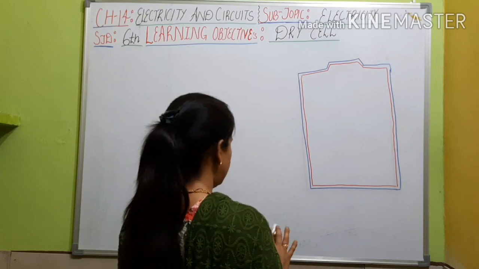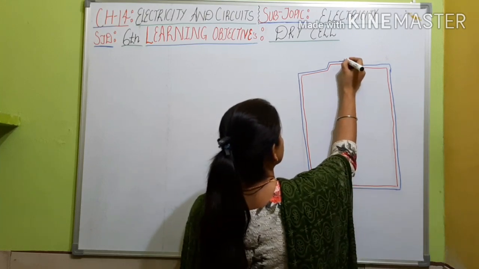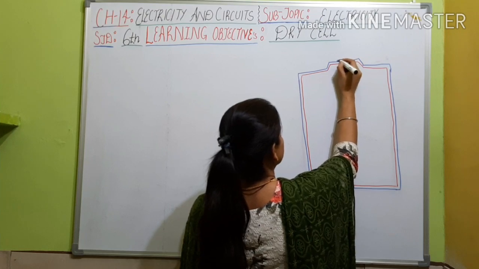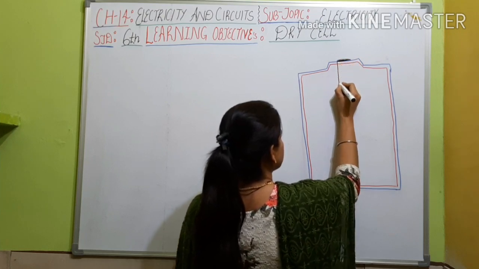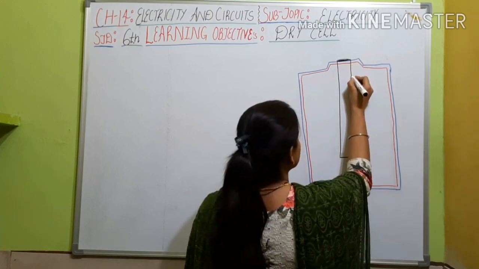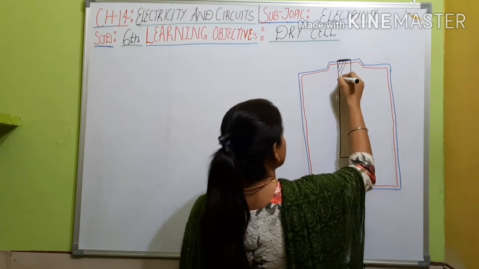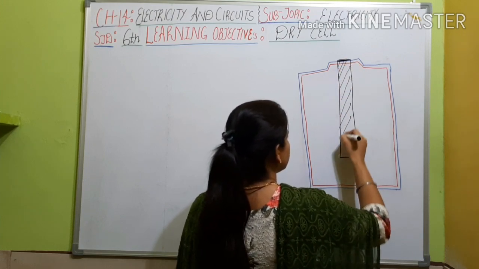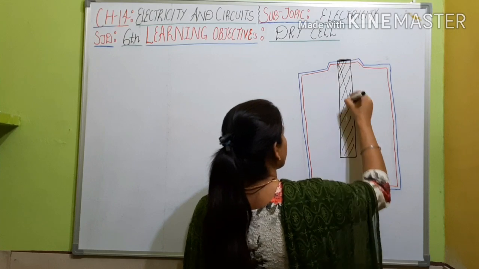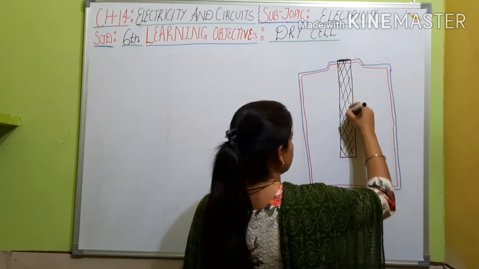In the center there is a rod-like structure, and it is a carbon rod, black colored carbon rod. Draw it like this.